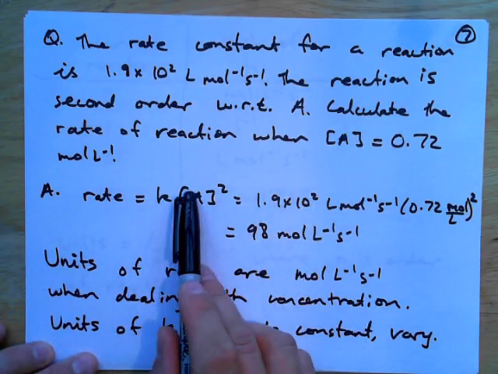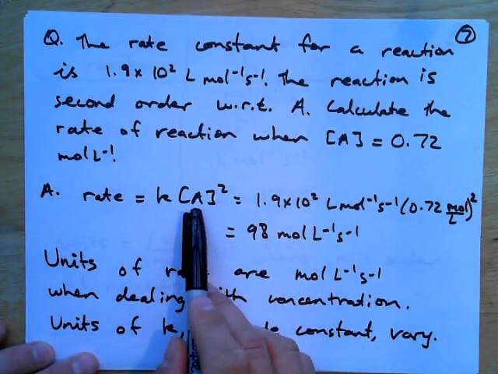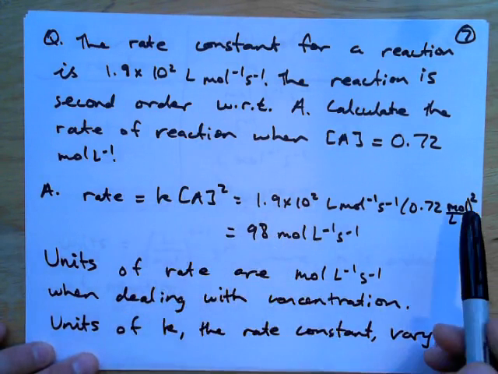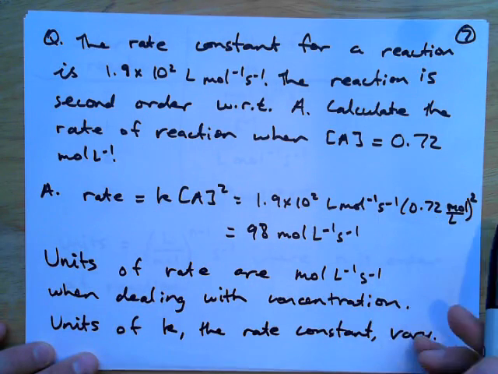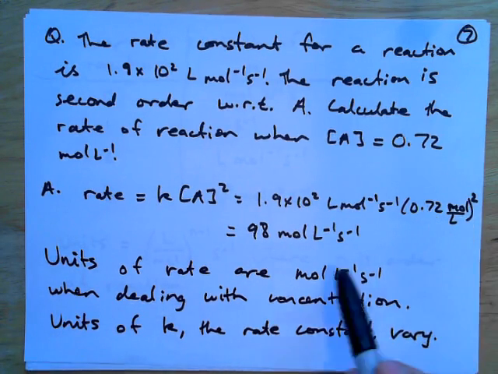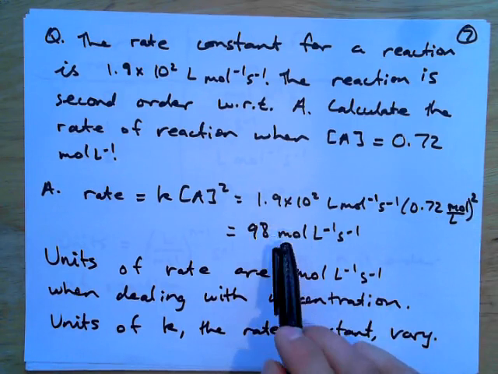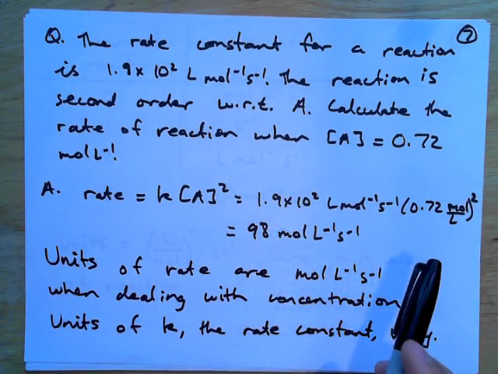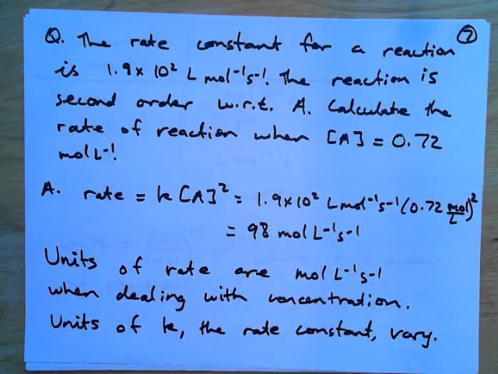And we know it's second order with respect to A, so it's concentration of A squared. So we put in our concentration of A, 0.72, and have it squared, and we calculate that and get 98 moles per litre per second. So that is the rate that the reaction will have when that A concentration is 0.72.